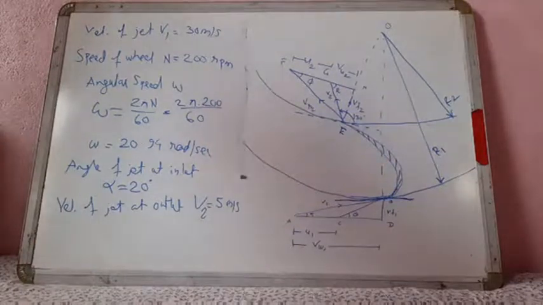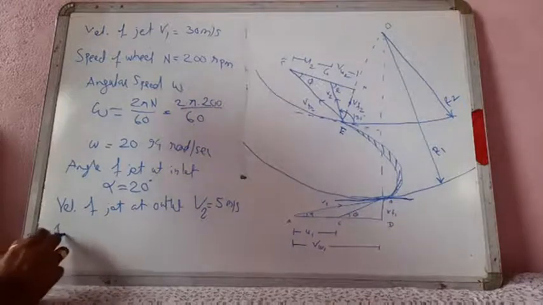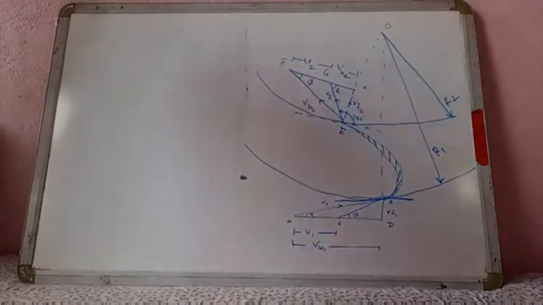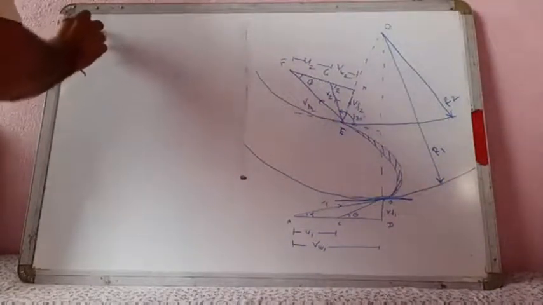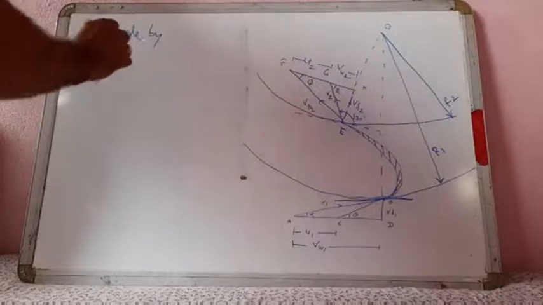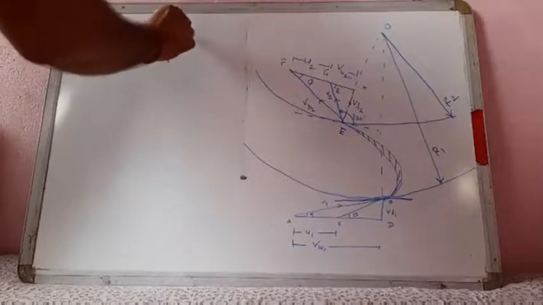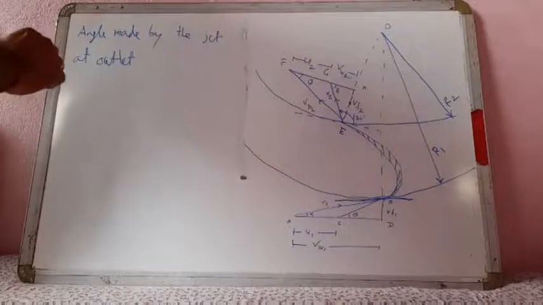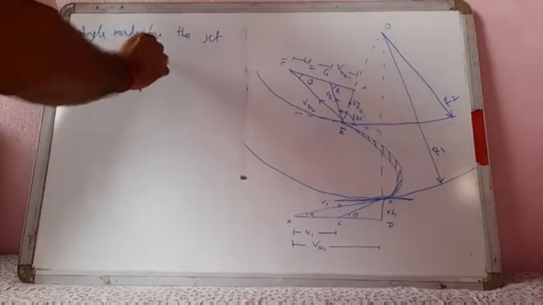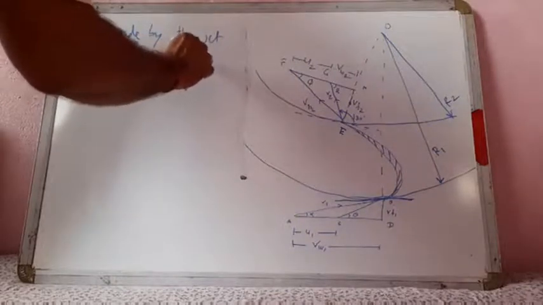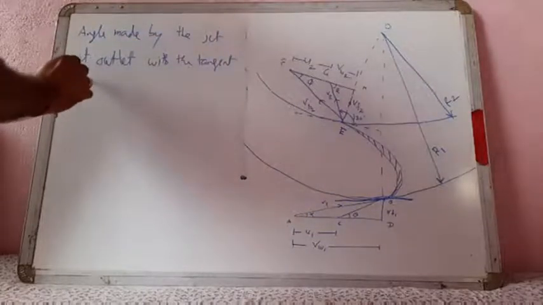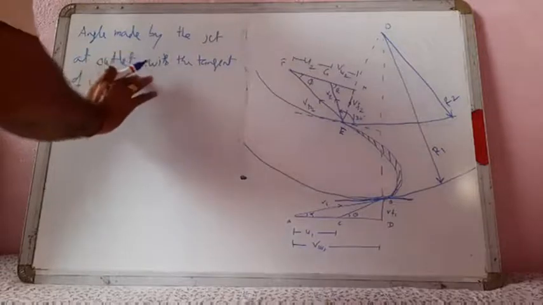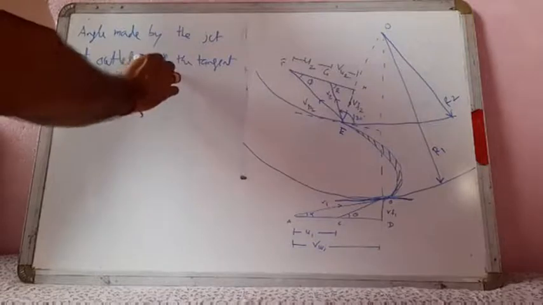It has been given, and the angle made by the jet at outlet with the tangent of the wheel is 130 degrees.